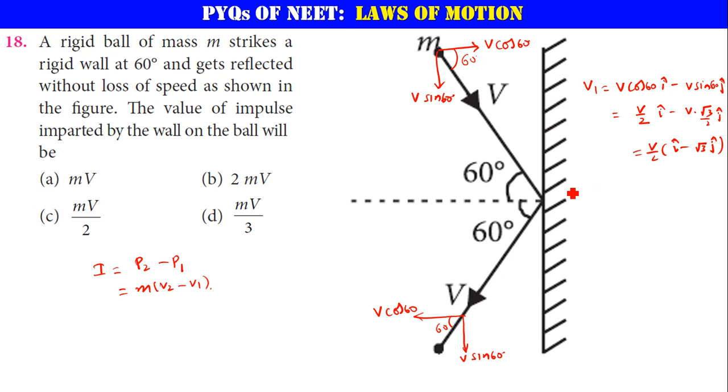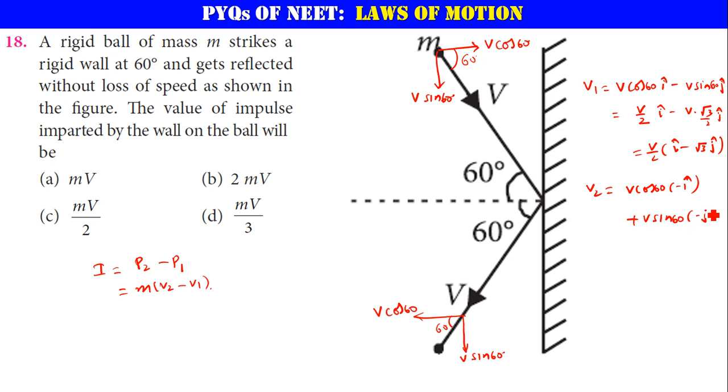Alright. Next, V2. What is V2 here? V2 is going to have V cos 60 minus I cap. Okay. Minus, and this one is going to be already the negative component. Okay. So V plus V sin 60.